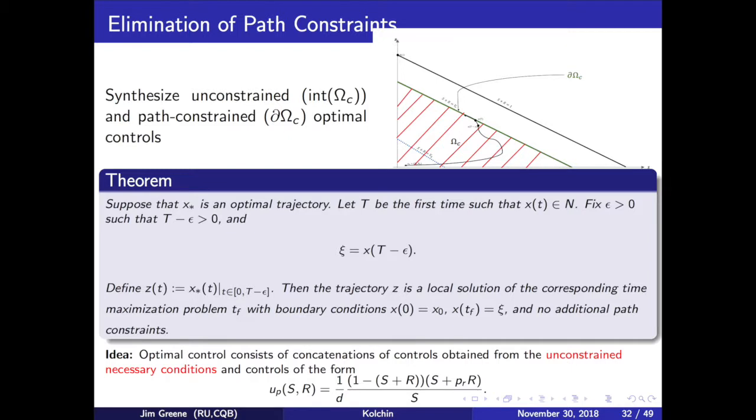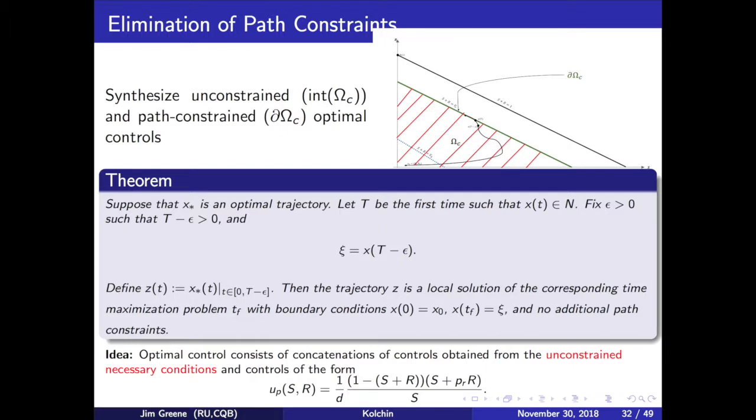There's one control that keeps you along the line V equals V_C. So you can break the problem into two parts: the interior part, which satisfies the standard Pontryagin maximum principle, and the controls along the boundary, which are given precisely by a definite formula. So the theorem says that you can concatenate the two.